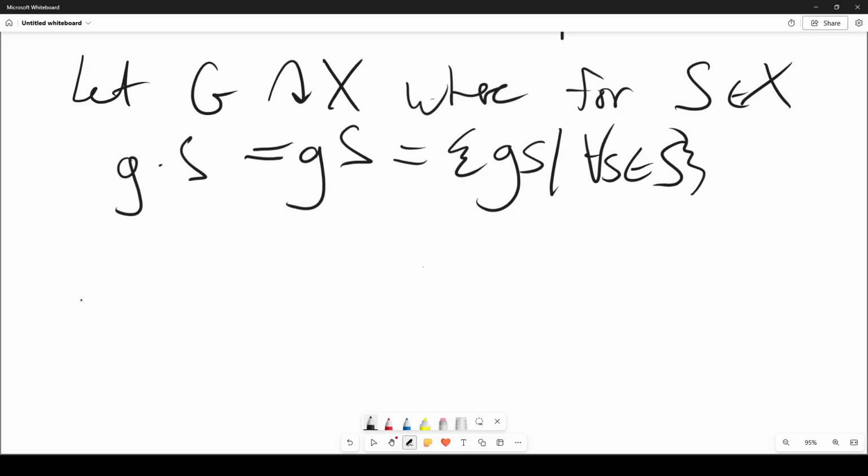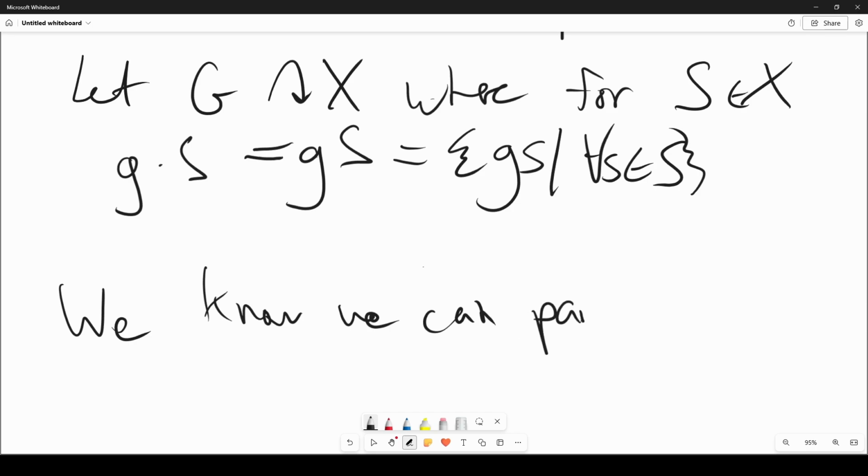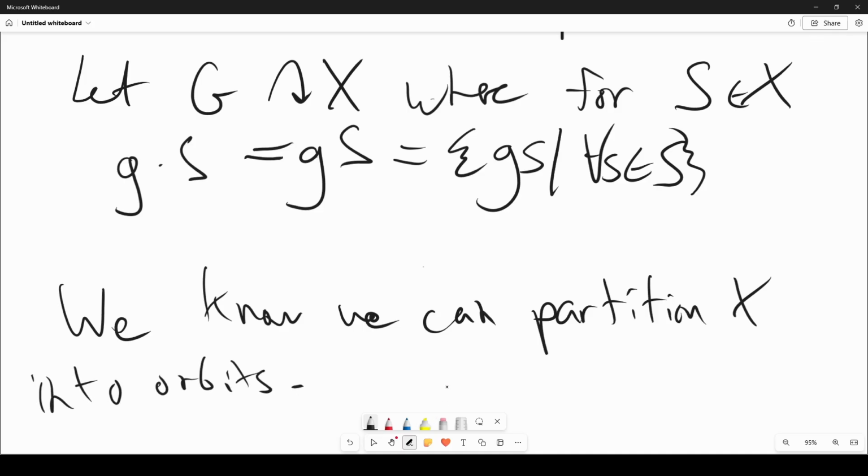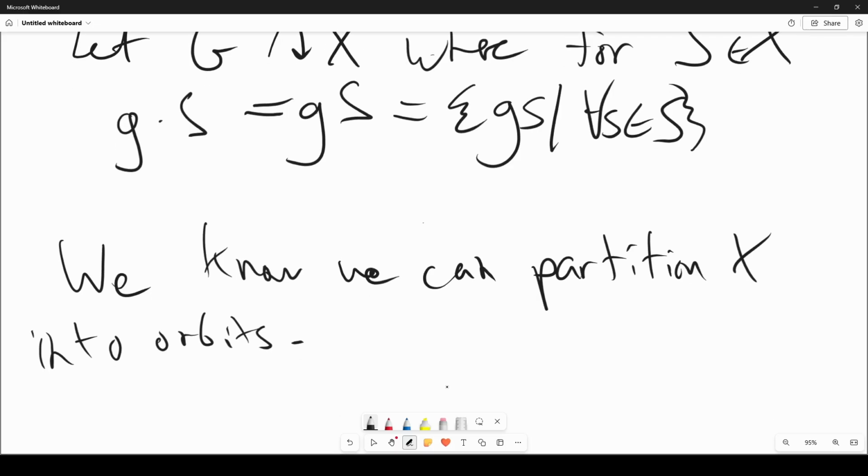Okay. So we know we can partition X into orbits, since the orbits form an equivalence relation. So we're going to just choose some sets and then describe all of X as the union of those orbits.